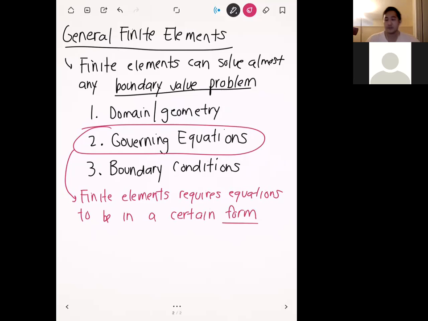Okay. And so what I mean by that is, we're going to have to take our differential equations and massage them a little bit in order to get them to a form that finite elements can use.